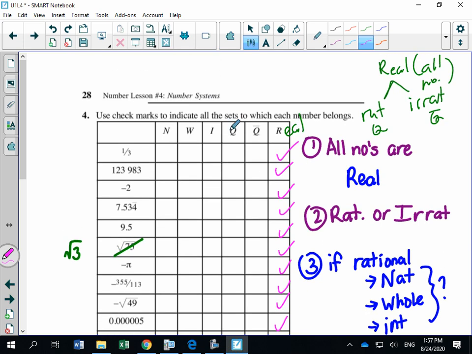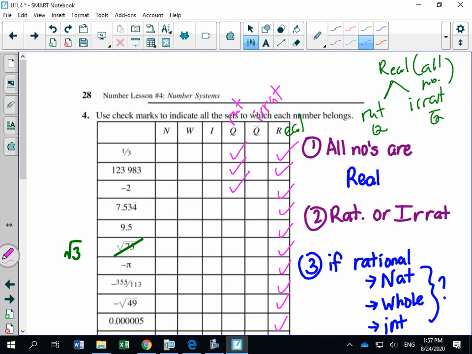Then you're going to go through each number, and you're going to say your numbers are either rational or irrational. That's the second thing you do, right? So that's rational, that's irrational. So 1/3 is a fraction. What did I say fractions are? They are rational. This guy, nice big number, rational. This guy, rational.